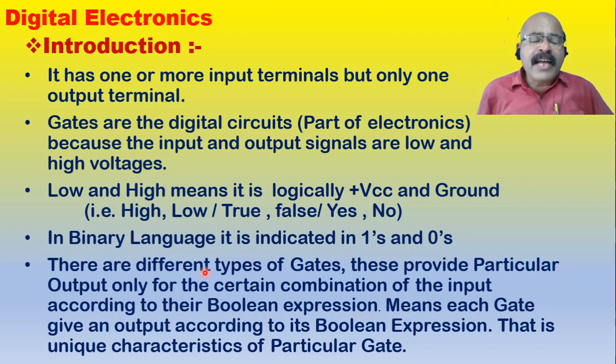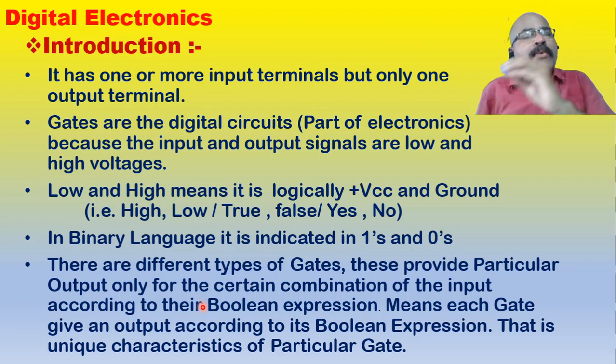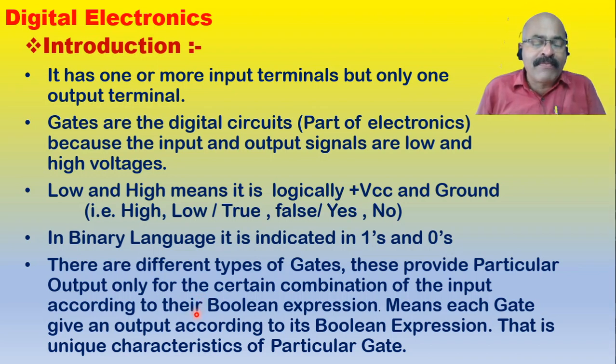The types of gates depend upon the Boolean expression, that is, how the inputs will be operated on to produce the output depends upon the respective type. Whichever type of gate is used, it operates according to a particular Boolean expression.